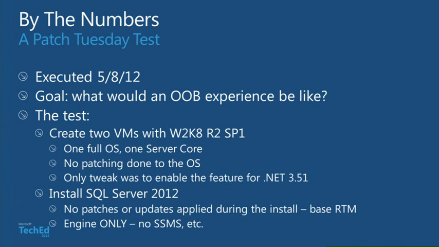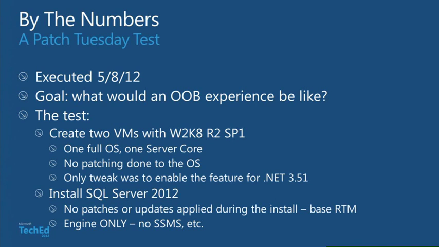This is the empirical test, and I have to thank my friend Alan Hurt, who is a clustering MVP. He did this test. He said, I want to see what the real difference is between Server Core and a full GUI operating system. So on May 8th, which happened to be a Tuesday, so Patch Tuesday, he created 2 VMs.